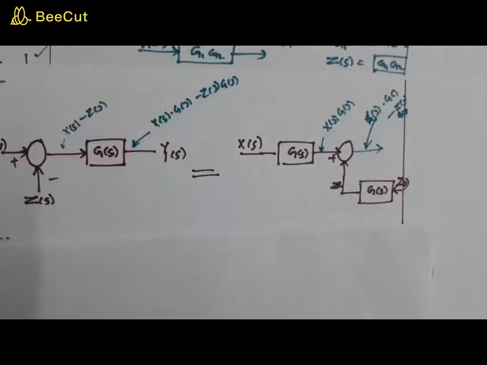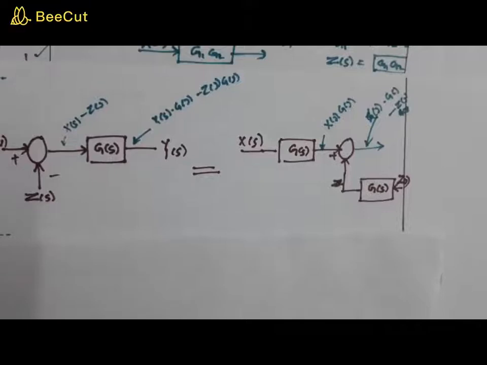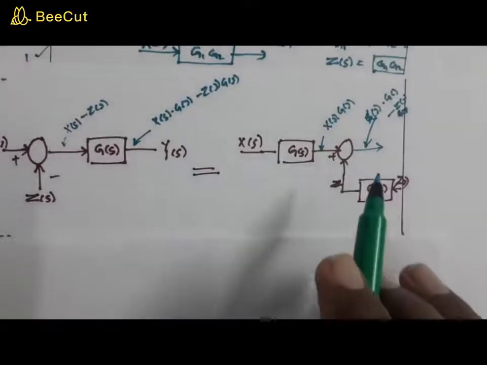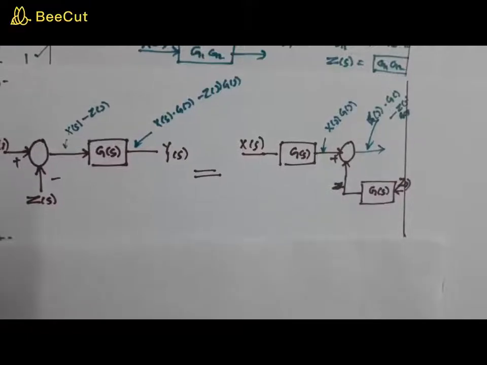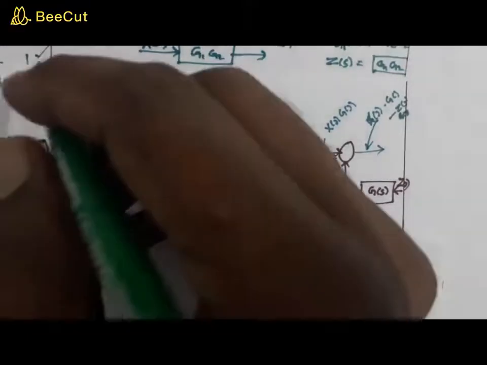So do as many problems as you can, and you will come across different scenarios. Logically do the necessary changes, and keep in mind that whatever change you do, whether you move the summing point from one point to the other, the output has to remain the same.